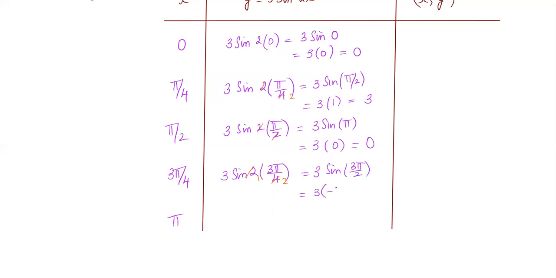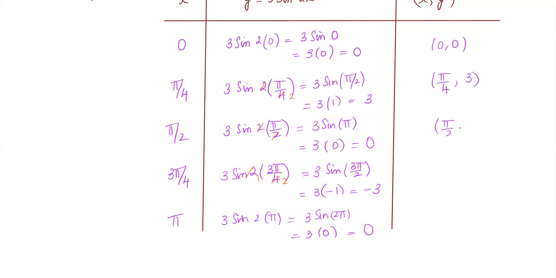Sine 3 pi over 2 is negative 1, which is negative 3. And lastly, sine 2 times pi, which is 3 sine 2 pi. And you know sine 2 pi is 0. And that gives us a 0. So if we write the coordinates, 0, 0, pi over 4, 3, pi over 2, 0, and 3 pi over 4, negative 3, and lastly pi, 0.